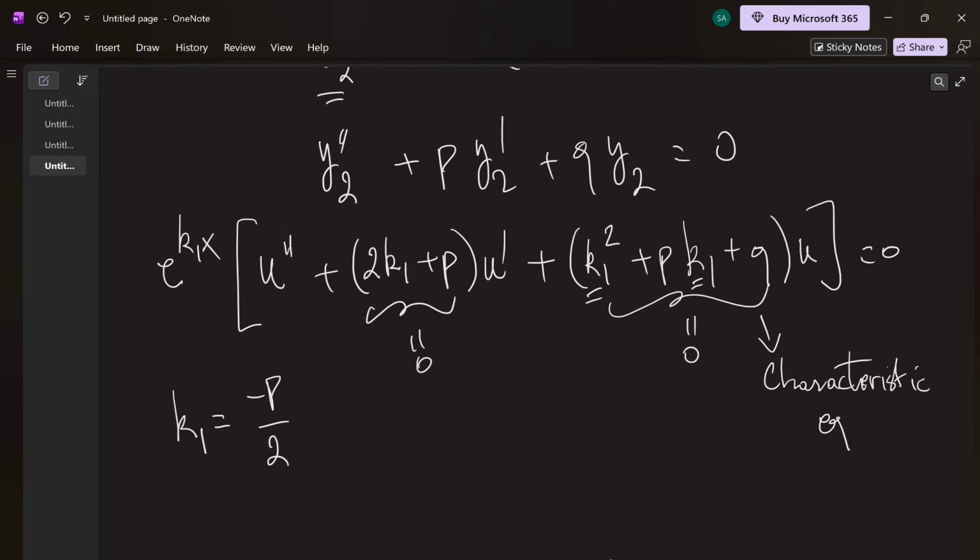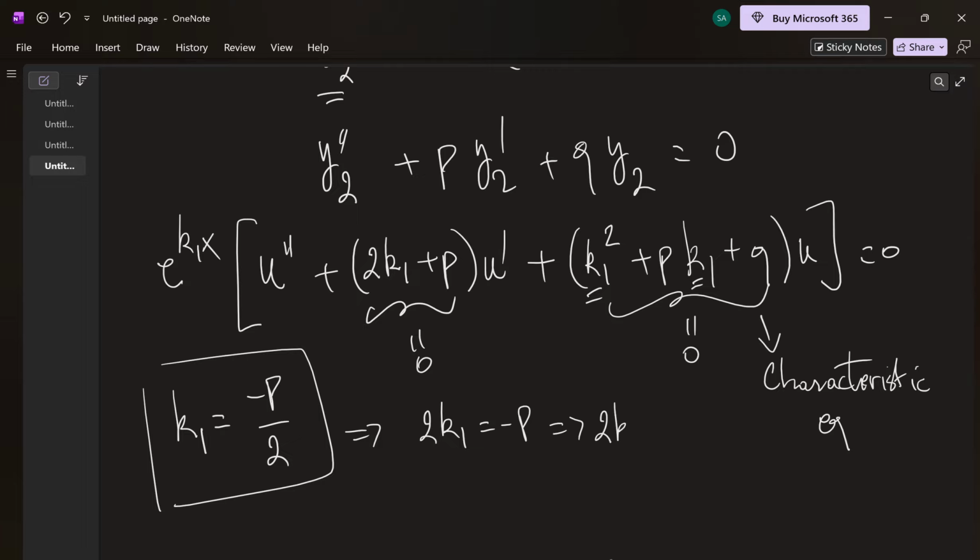Remember this, because here we have delta equal to 0. Remember that when delta is equal to 0, the solution of the characteristic equation takes this form. This will give you 2k1 equals minus p, and therefore 2k1 plus p is equal to 0. Okay, and this is exactly this guy right here.